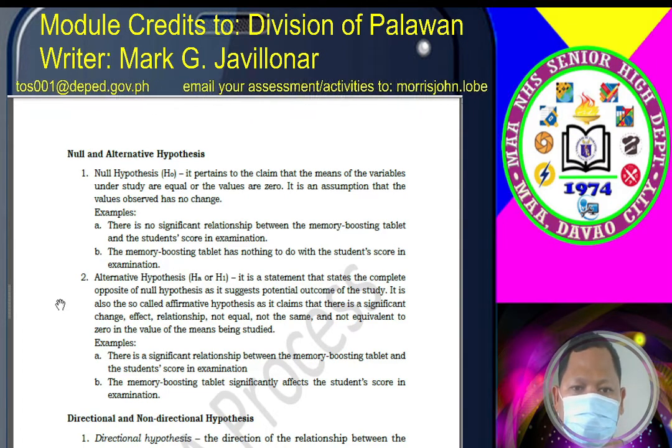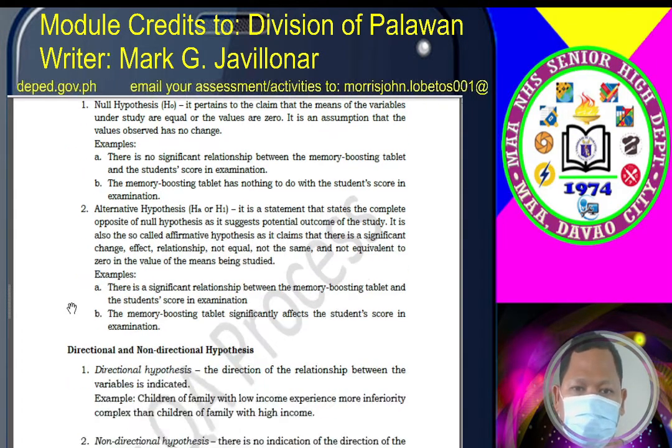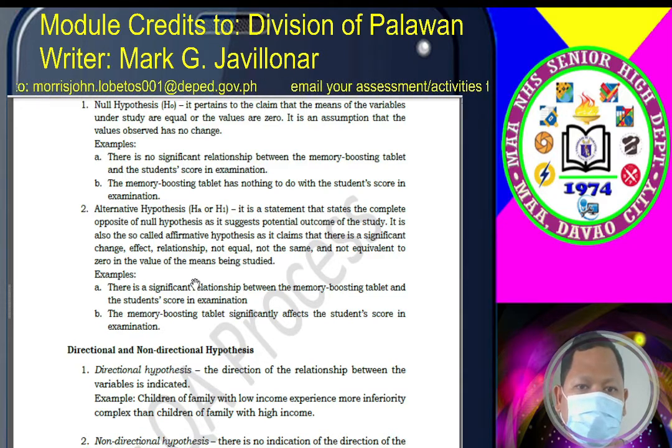When we talk about the alternative hypothesis, HA or H1, it is a statement that states the complete opposite of the null hypothesis as it suggests a potential outcome of the study. It is also the affirmative hypothesis as it claims that there is a significant change, effect, relationship, not equal, not the same, and not equivalent to zero in the value of the means being studied.